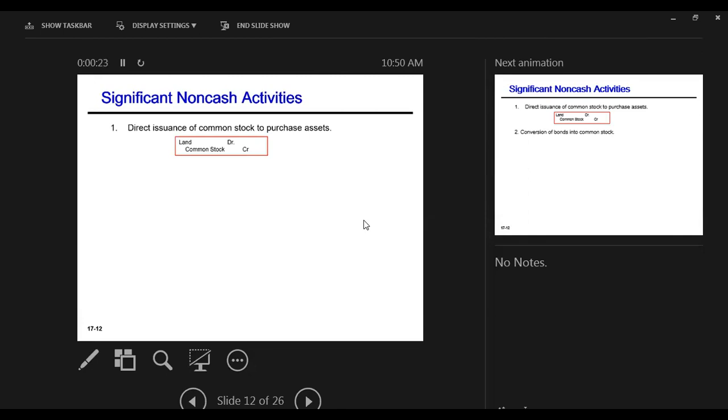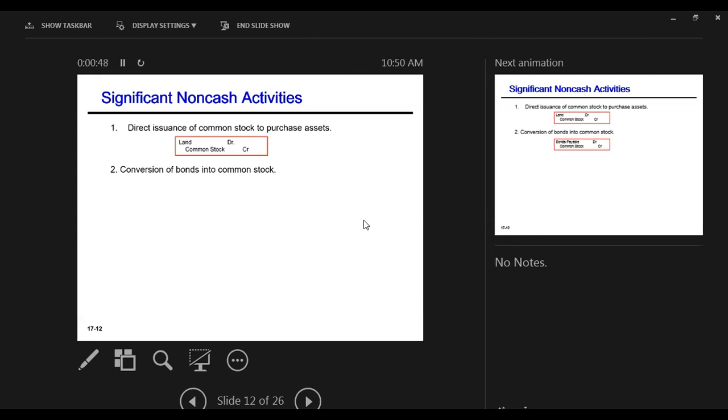But according to this example, your company do not have enough cash, but they want a land. So they buy a land, but they did not pay any cash. They give them common stock. Okay. So the journal is land debit and the common stock credit. Do you understand?